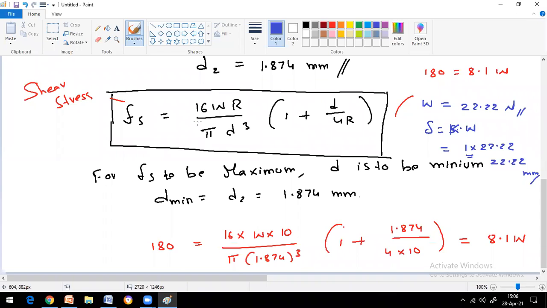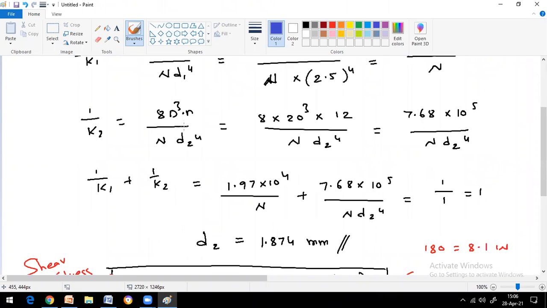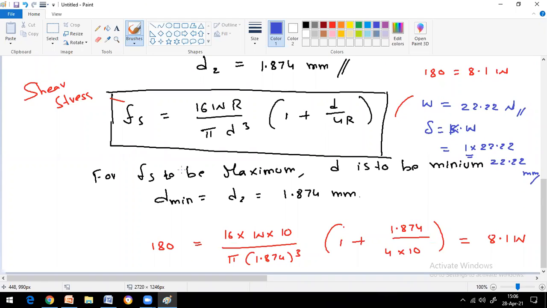So that's it. This is what they ask you to calculate: the load acting on the spring and the total deflection in the spring. As the stiffness of the spring is 1, the overall deflection will be 22.2 mm, where the load is also 22.22 Newton.